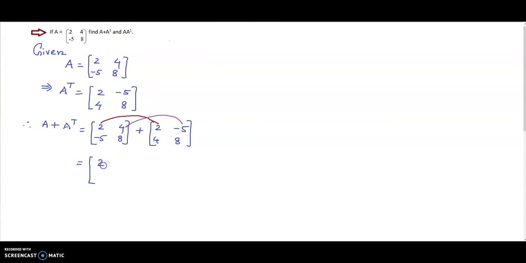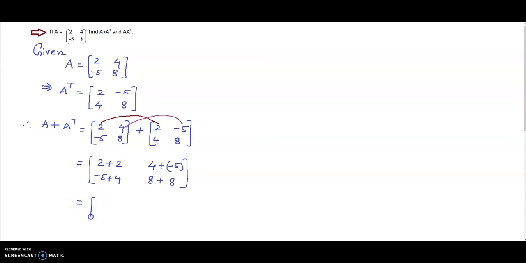So first element of first plus first element of second matrix, second element of first matrix plus second element of second matrix. Same way third element of first matrix plus third element of second matrix, and the last element of first matrix plus the last element of second matrix.